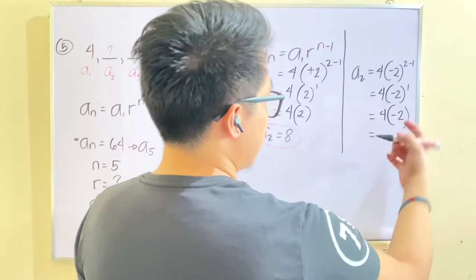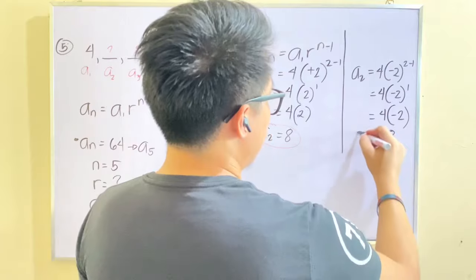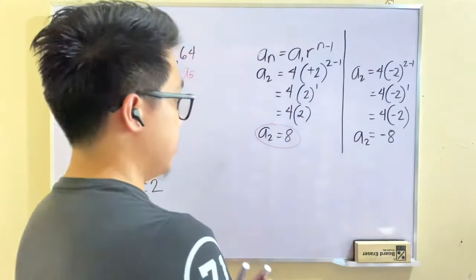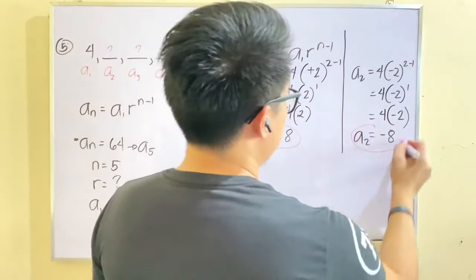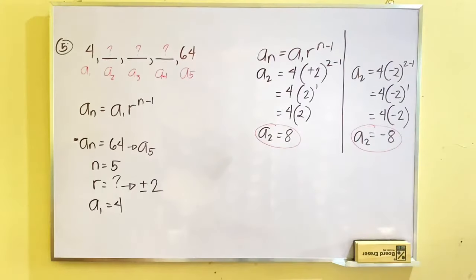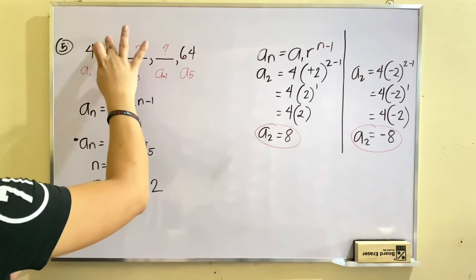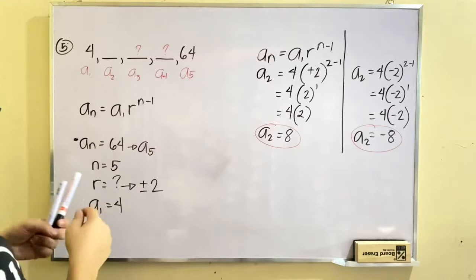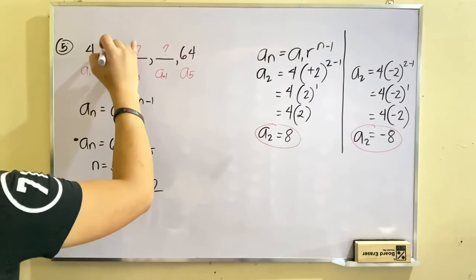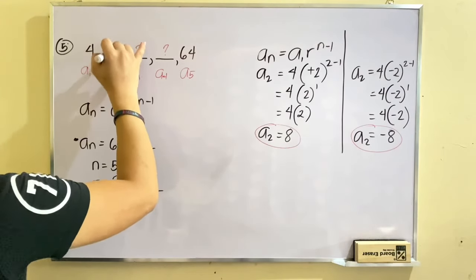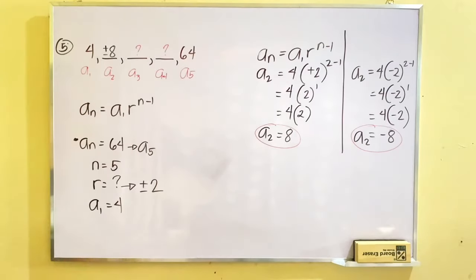And 4 times negative 2 is negative 8. So, pwedeng ang a sub 2 natin is negative 8. Therefore, pwedeng ang a sub 2 is positive or negative 8. Okay?